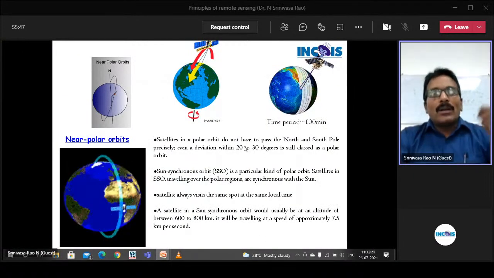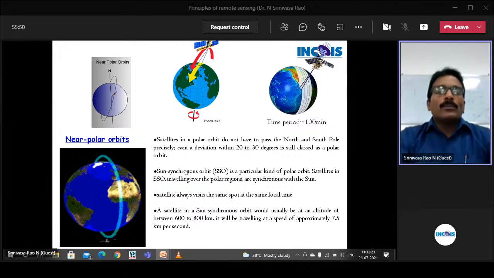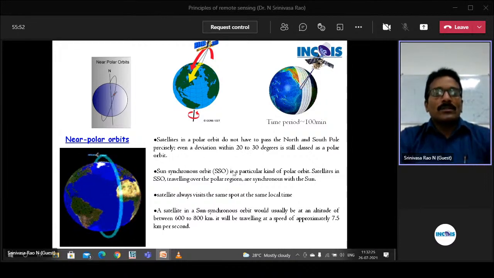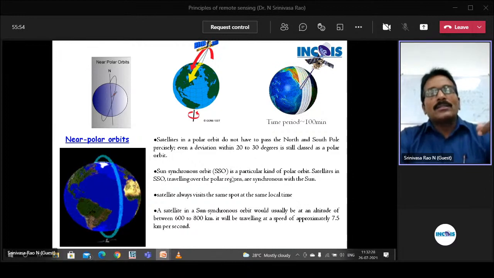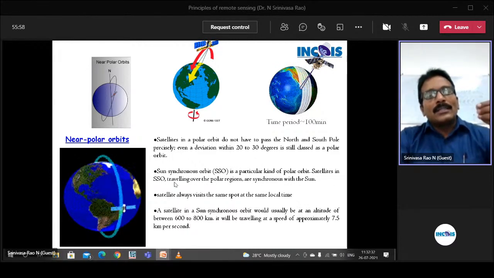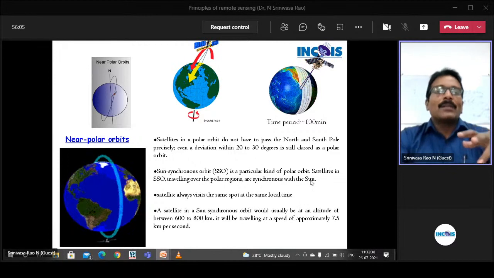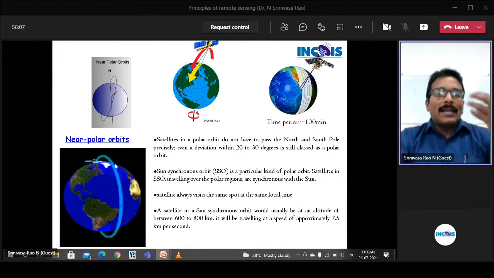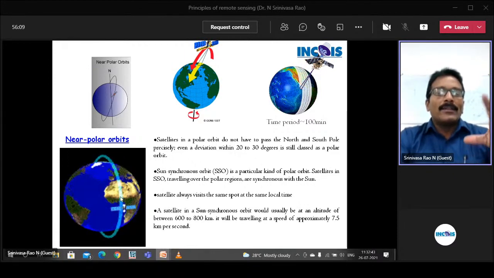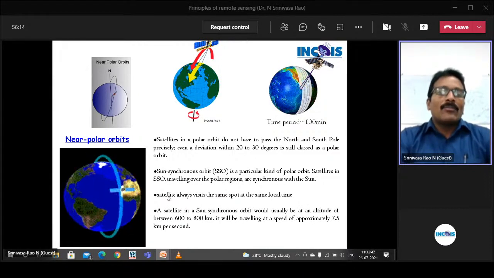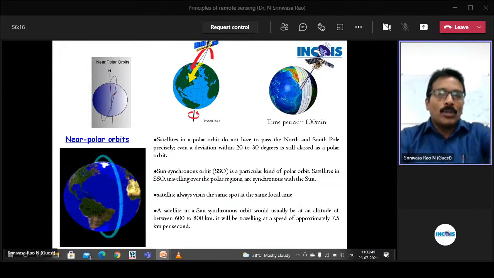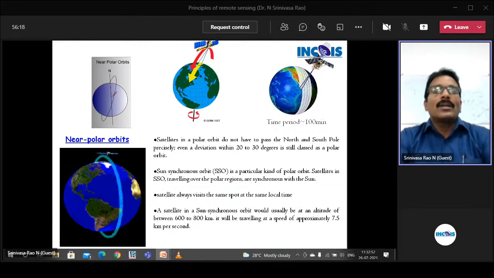Another word that comes into the picture with polar satellites is sun-synchronous orbits. A sun-synchronous orbit is a particular kind of polar orbit. Satellites in sun-synchronous orbit travel over the polar region, synchronized with the sun. That means the satellite always scans the portion where sunlight falls on the Earth, at the local time.